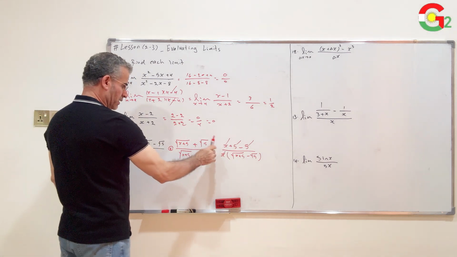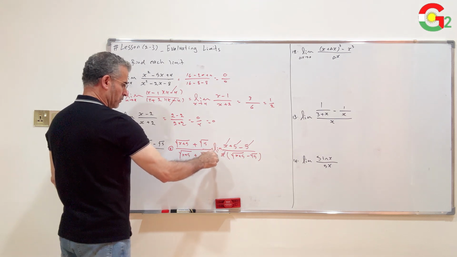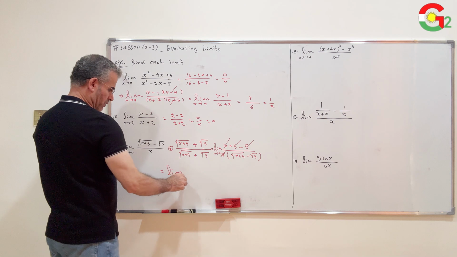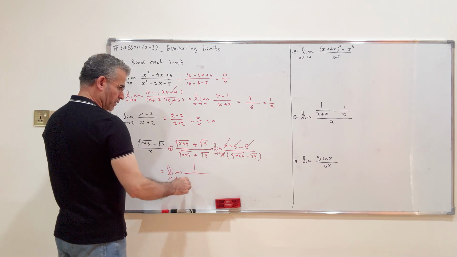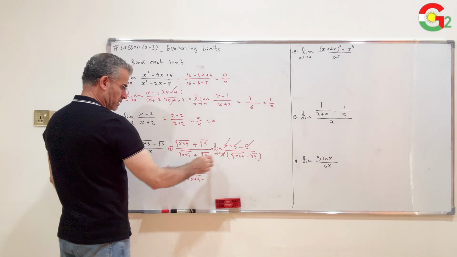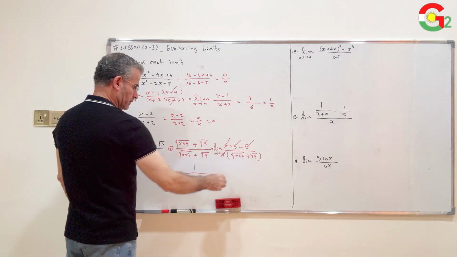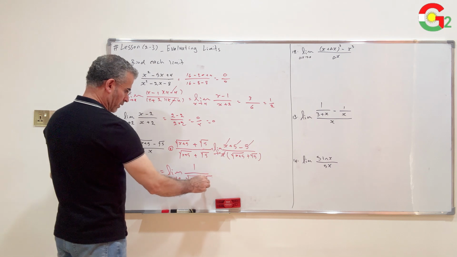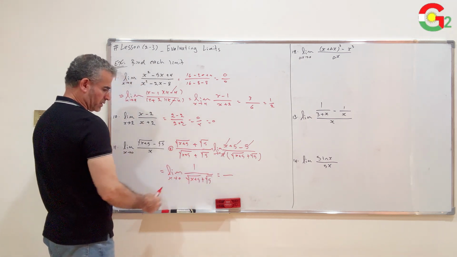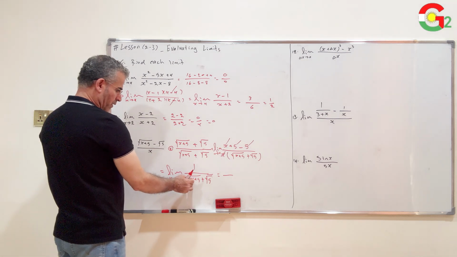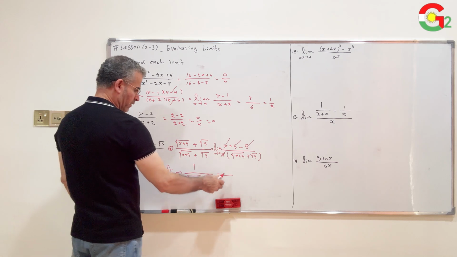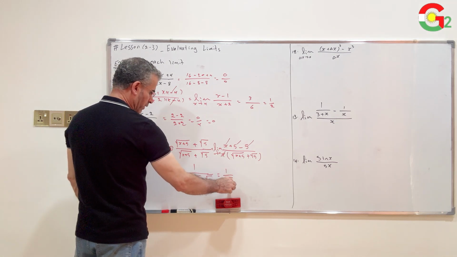We have a limit here when x approaches 0: the limit as x approaches 0 of 1 over square root of x plus 5 plus square root of 5 equals, substitute every x with 0, then square root of 0 plus 5, square root of 5, plus square root of 5, 2 square root of 5.